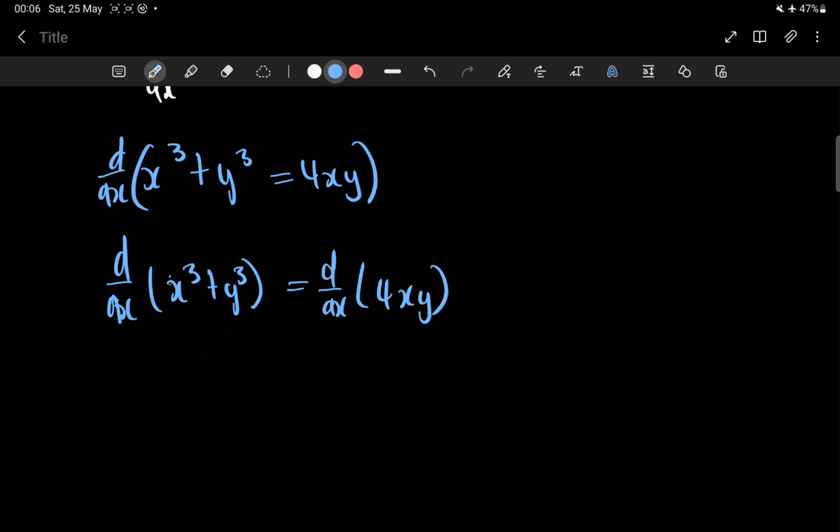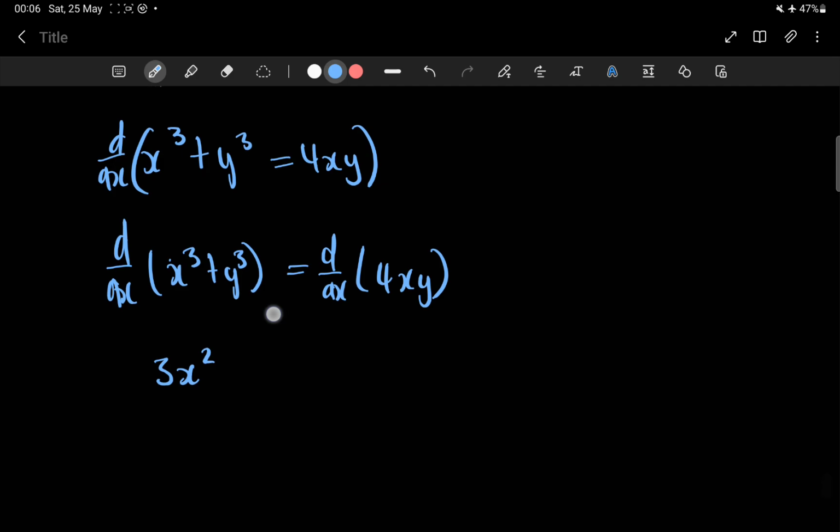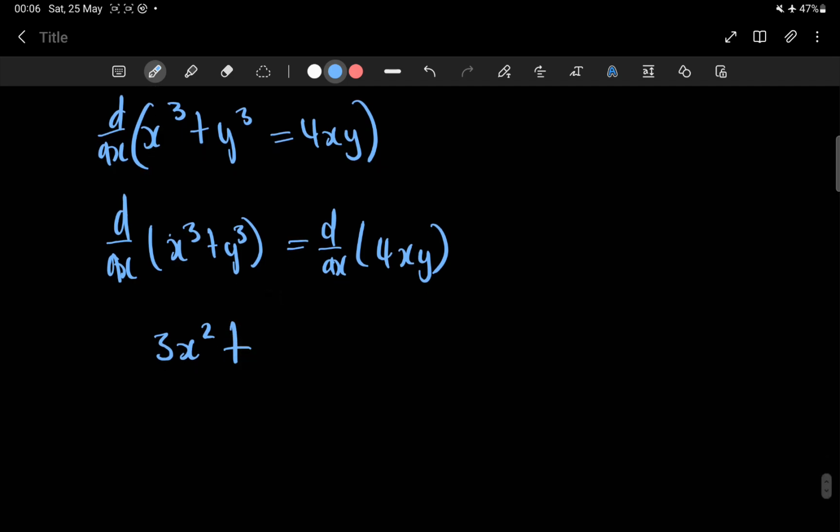Now let's differentiate x cubed with respect to x. Derivative of x cubed, you just bring down the power 3 and then it becomes x to the 2. You reduce the power by 1. Plus, now here is the concept. Whenever you differentiate a y, it is not an x. When you differentiate it with respect to x, remember we are getting d dx.